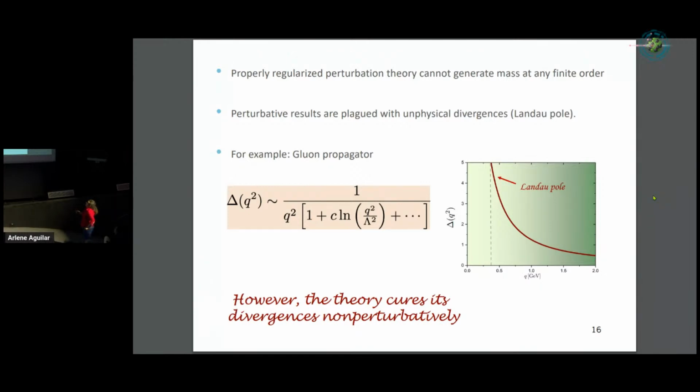One example here is the perturbative gluon propagator that you can see here, which displays this Landau pole at the lambda QCD scale. So the presence of the mass, which is going to be a purely non-perturbative effect, is going to cure all the divergences non-perturbatively.